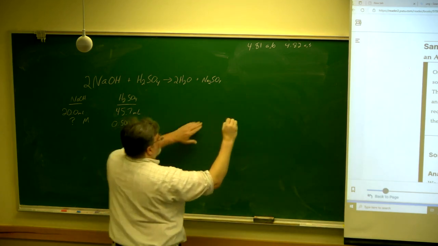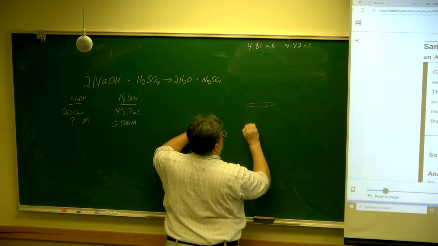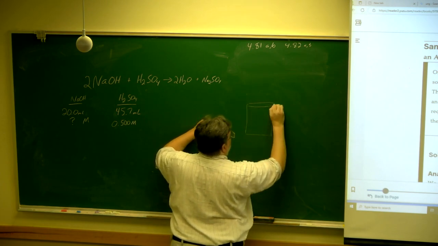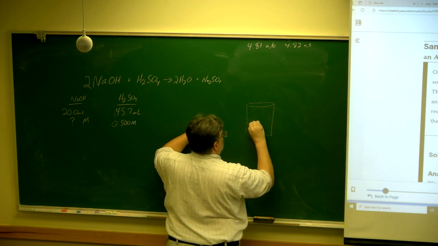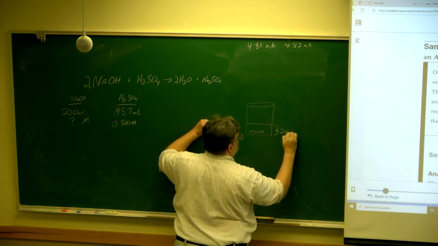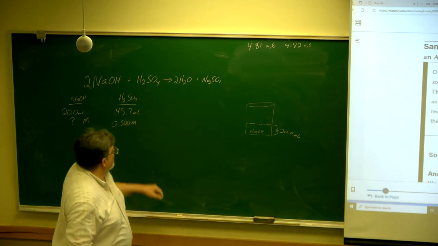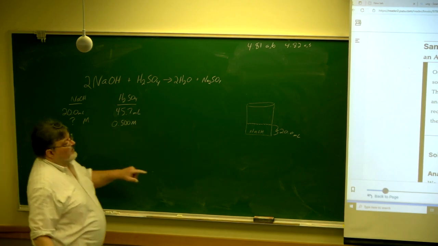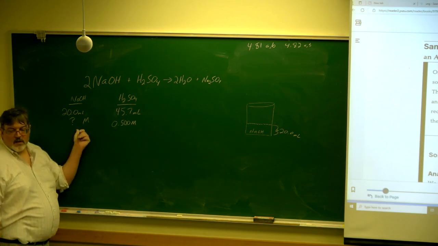All right. So they went and got, like you might be doing today, NaOH, so they know this. What they're trying to figure out is the concentration of the NaOH.